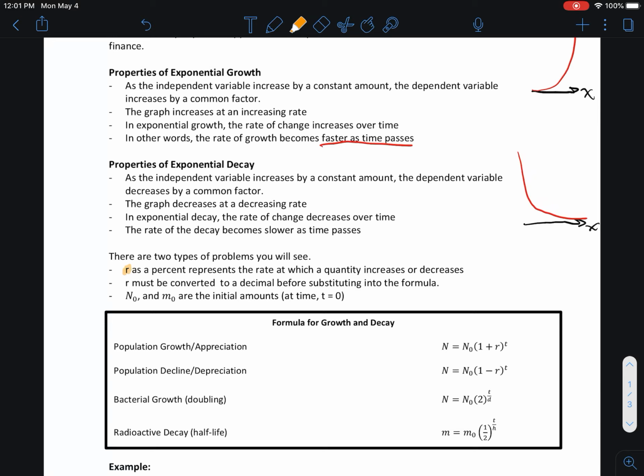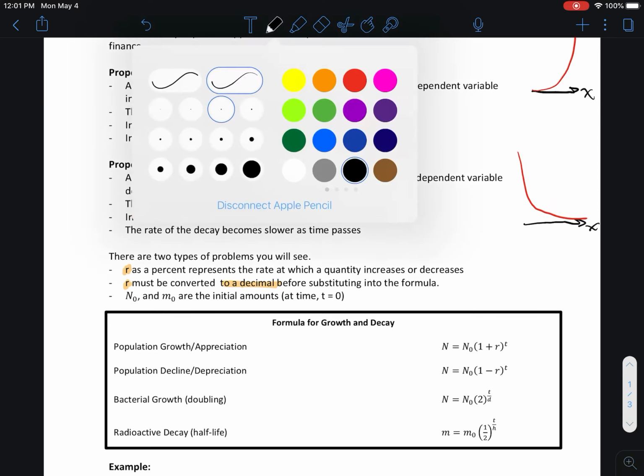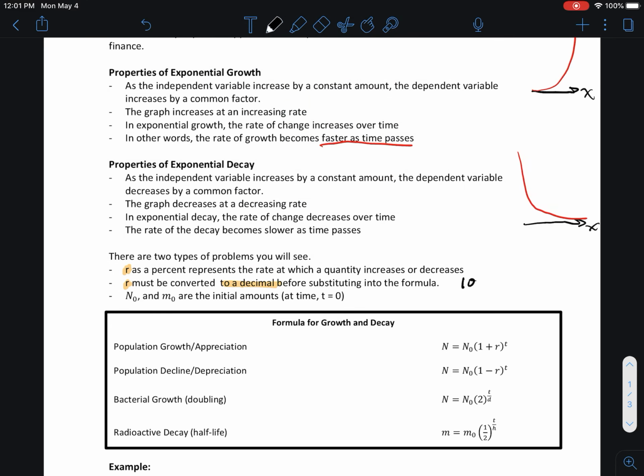okay? And there are a few different kinds of problems that you're going to see, so I'm going to highlight some stuff here for you, okay? R represents the percent or the rate at which a quantity increases or decreases, okay? Now, the sticky point, and this is the thing that everybody messes up on, is that R must be converted to a decimal before substituting into the formula, okay?